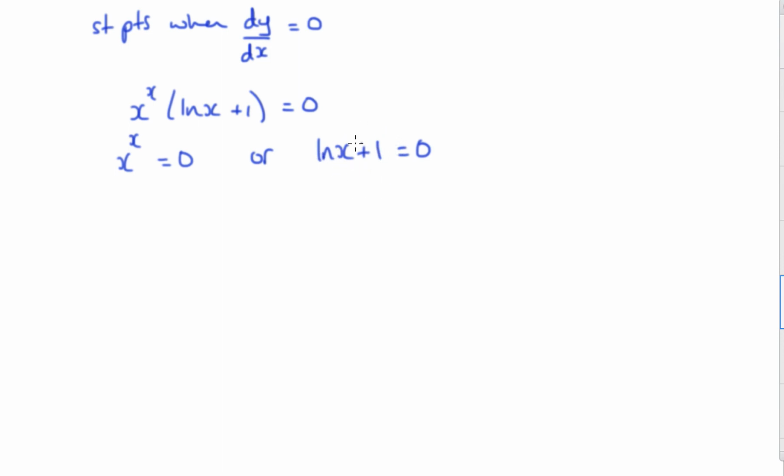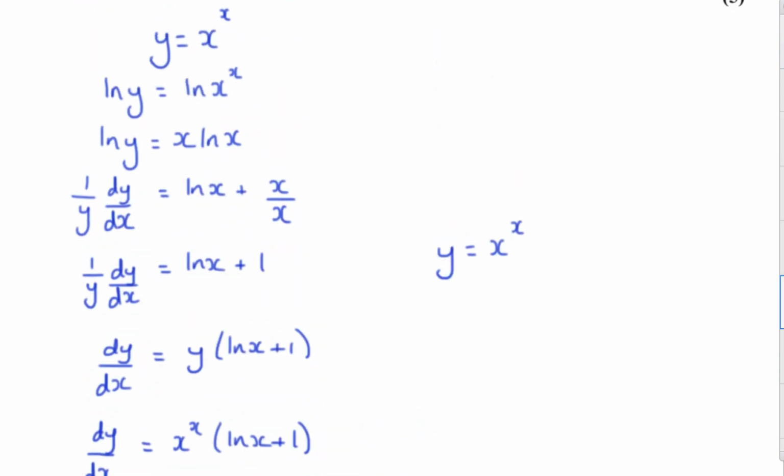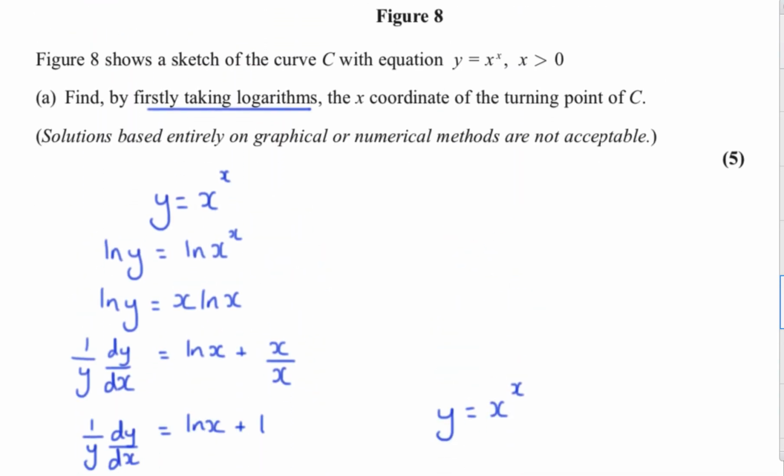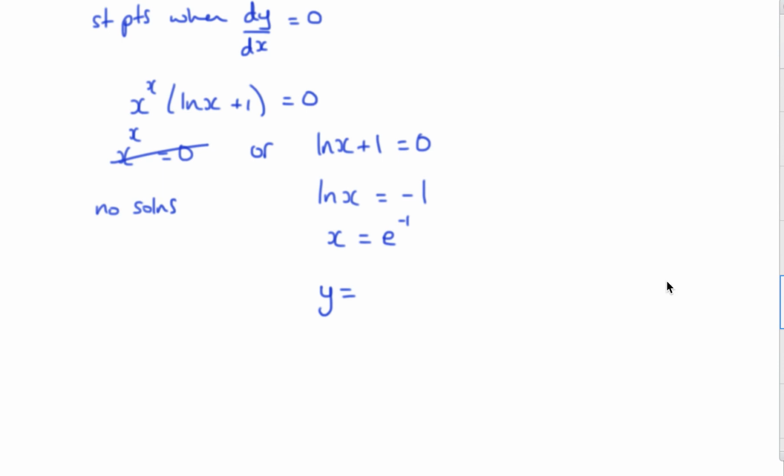If we deal with this one first, that's when the natural log of x is equal to -1, or when x is equal to e to the -1. x to the power of x will never equal 0, so that's not going to give any solutions. So the only stationary point is when x is equal to e to the -1, and we want the full coordinate, I think. No, just the x coordinate, so we can stop there. So it's when x is equal to e to the -1.